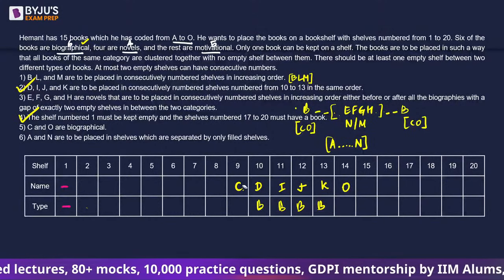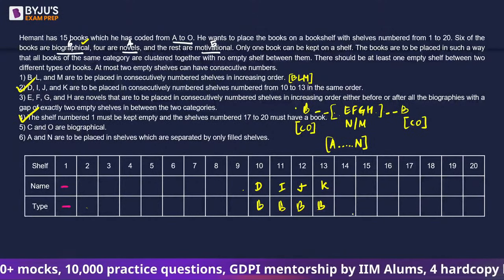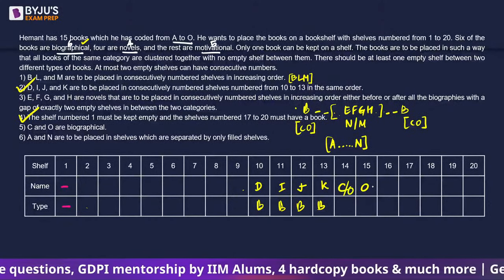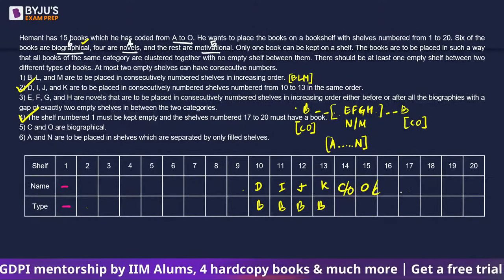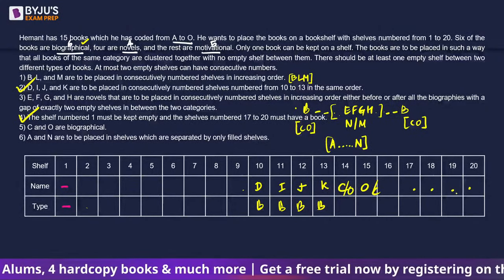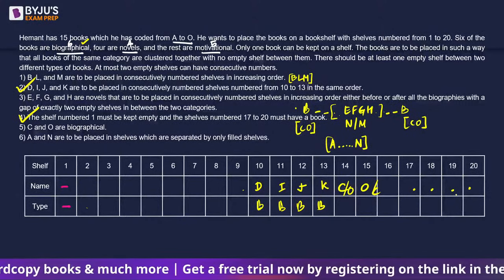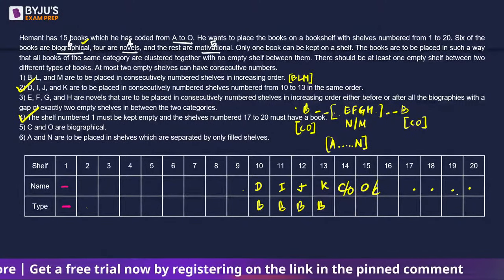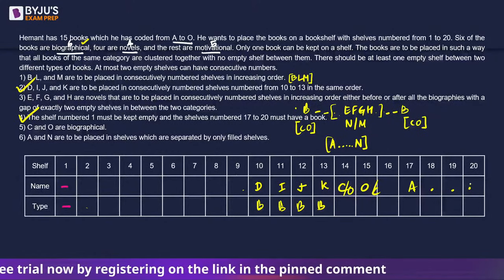The other possibility could be we will have the 6 consecutive biographies here. Then we can have a gap of 1, and then we can place 4. And when we place 4, we can have A and N here.